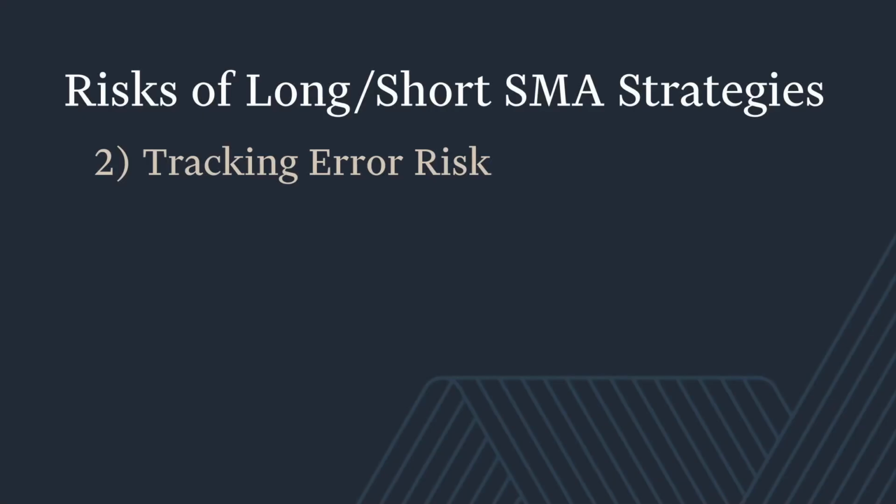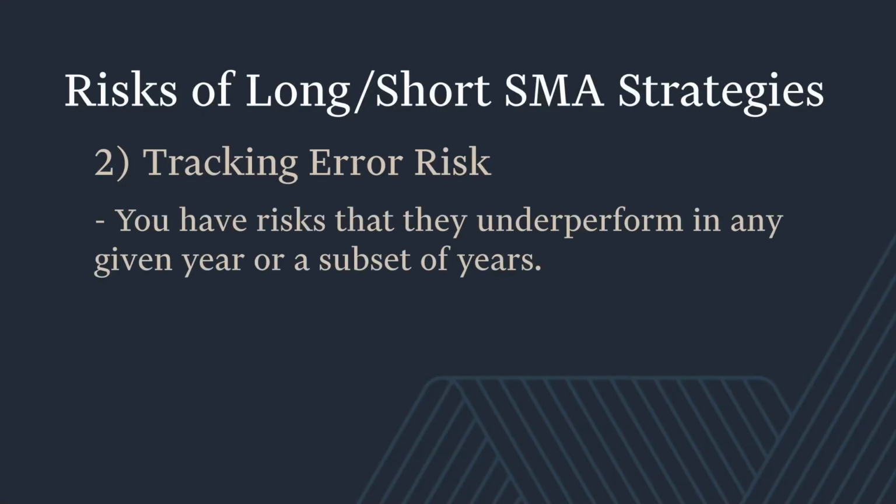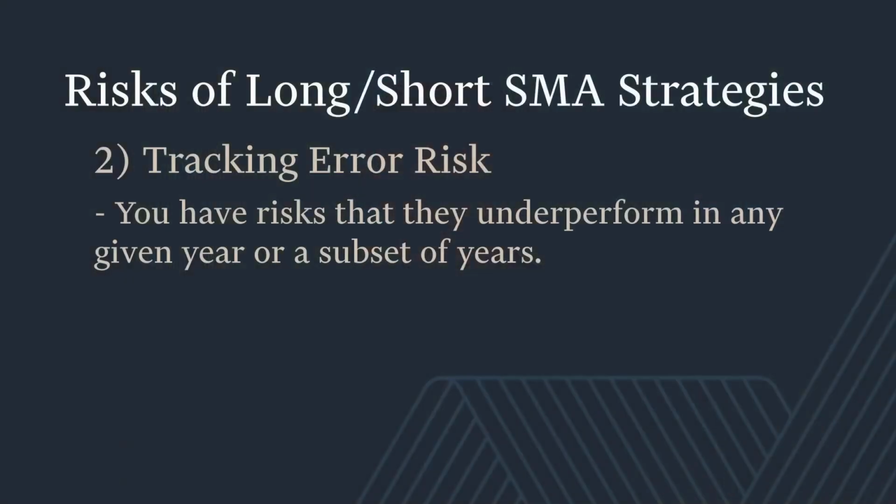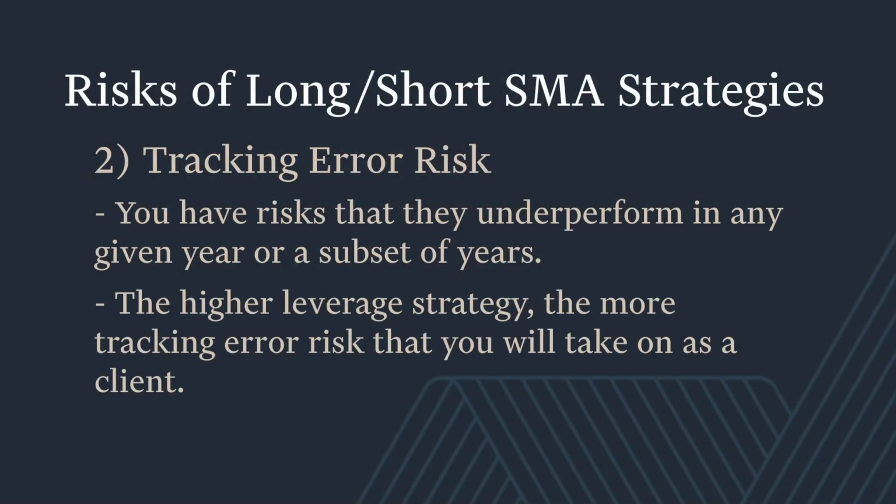And by doing so, you have risks that they underperform in any given year or a subset of years. The level of tracking error risk or variation around a benchmark will depend upon the leverage you select. And in general, the higher leverage strategy, the more tracking error risk that you will take on as a client.